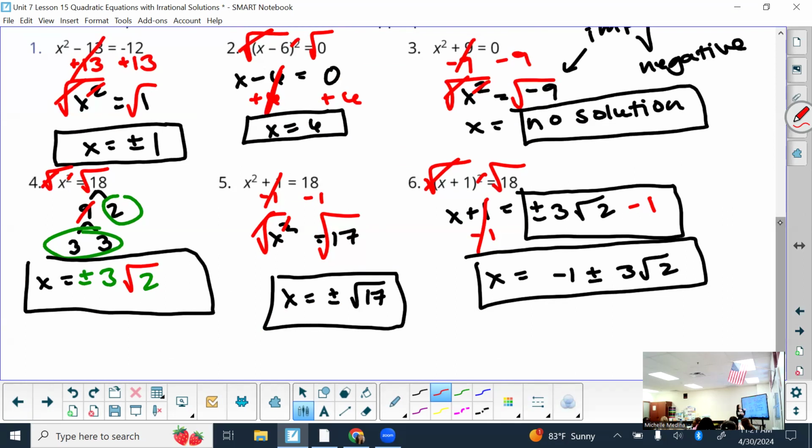And then if there's a plus or minus in your answer, which you should have every time you square root, then there are two solutions. If you square root 0, there's one solution. There's no plus or minus. Also, you cannot square root a negative. So if you see that, that would be your no solution. Questions? Comments?